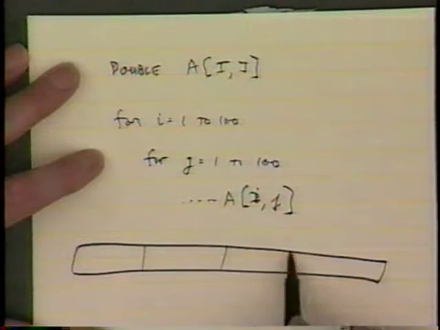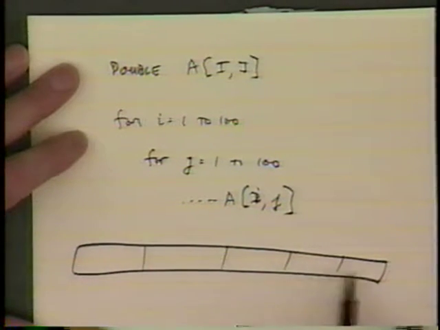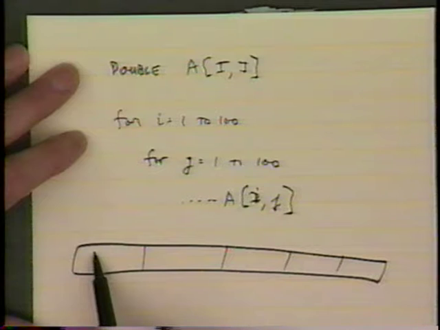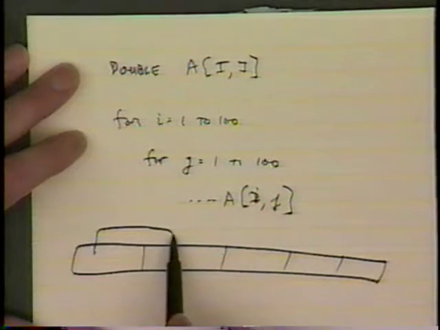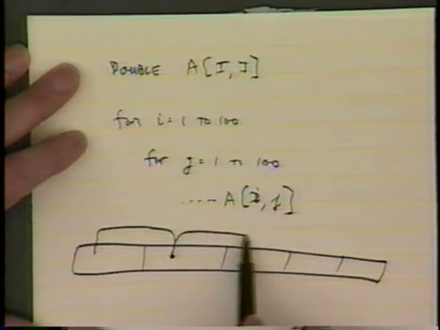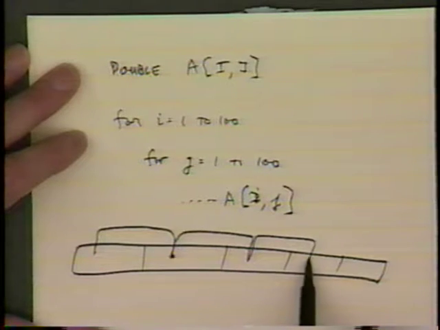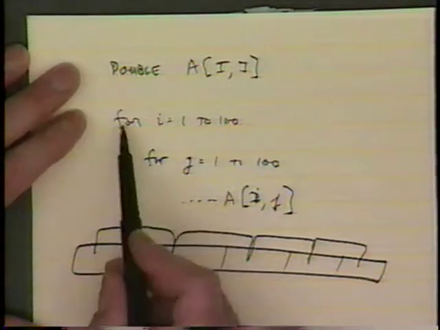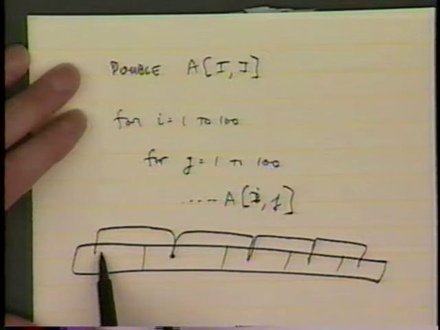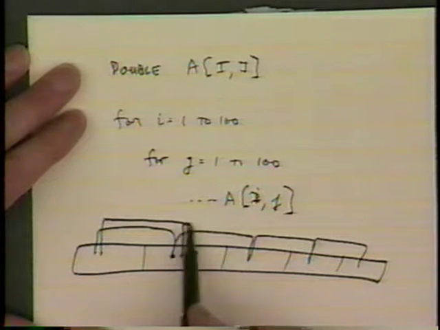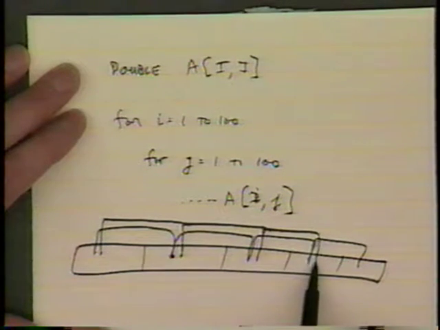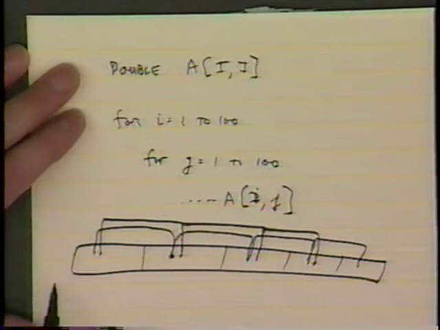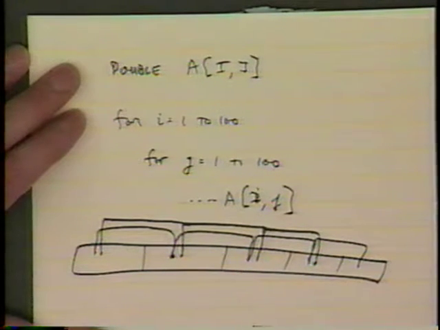One is, if these are the different rows or columns of A, if you've made the wrong choice, then you're going to be referencing this element of A, the next reference will be this element of A, the next reference will be this element of A, and so on to the end of the array. And then the next time, when that inner loop finishes and you start the outer loop, you're going back to the beginning of the array, referencing this next location, then this next location, and this next location, and so forth. Basically means you're scattering your references all across the array.